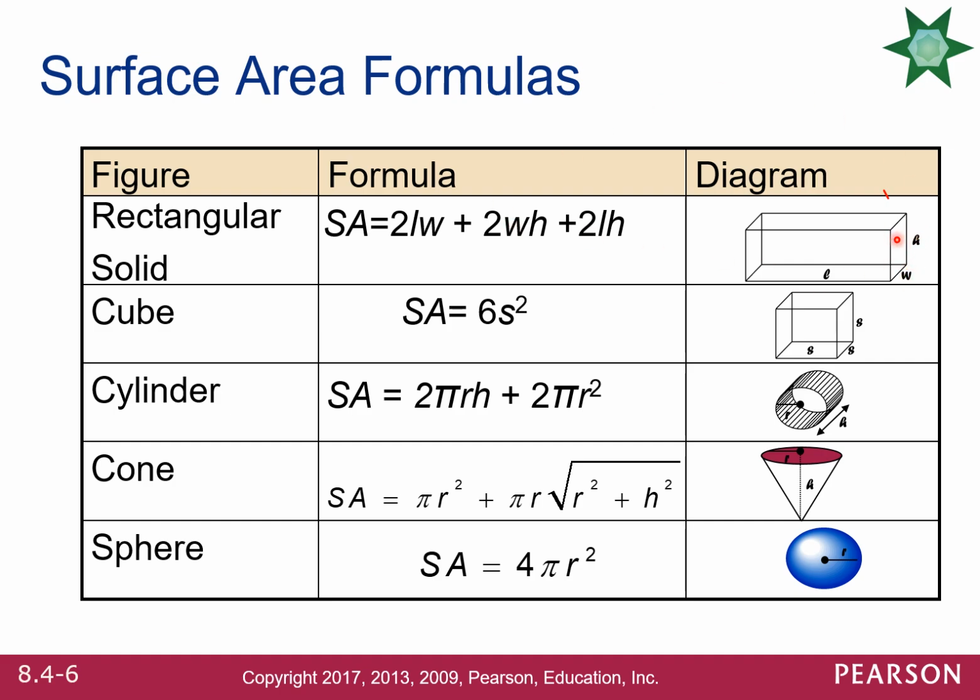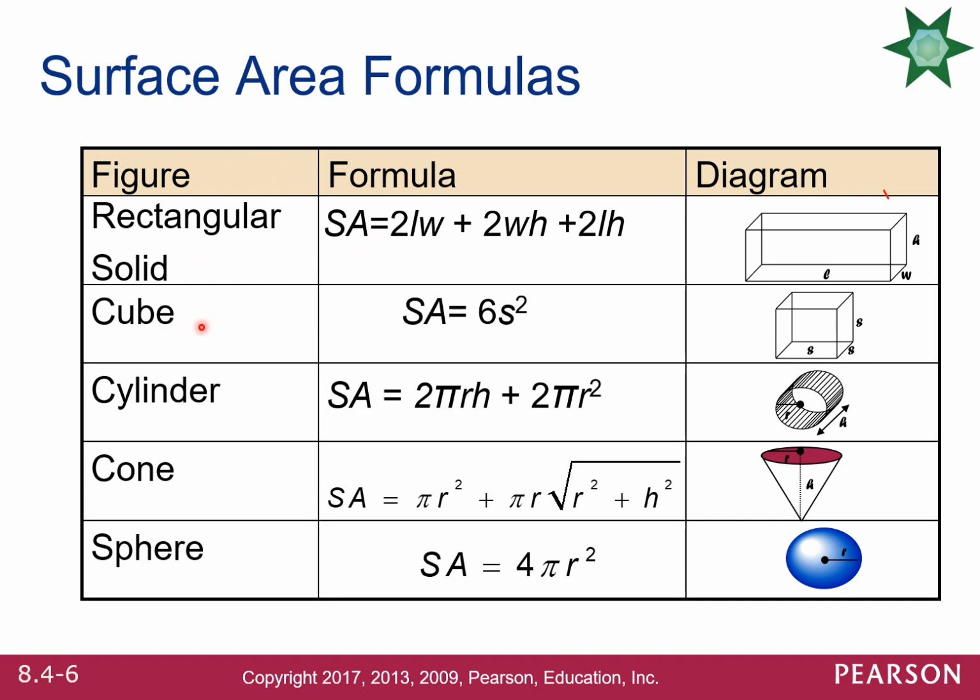W times H finds the area of one side, and then we multiply that by 2 to combine the left and right sides. And 2 times LH, where LH would be the areas of the front and the back put together. So when we sum them up, we get the surface area of a rectangular solid.